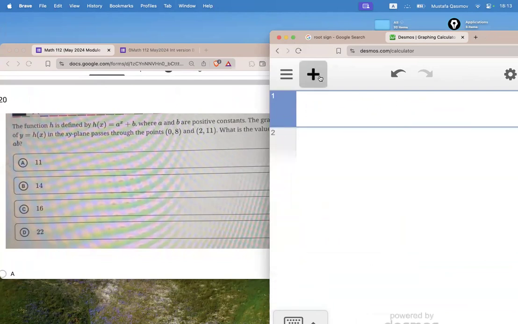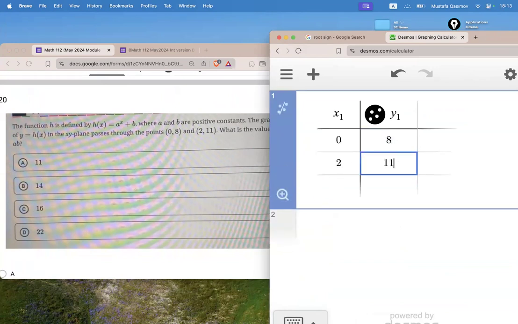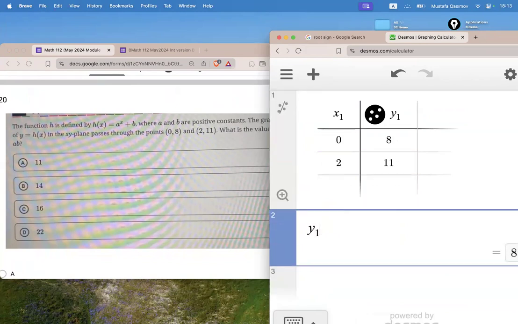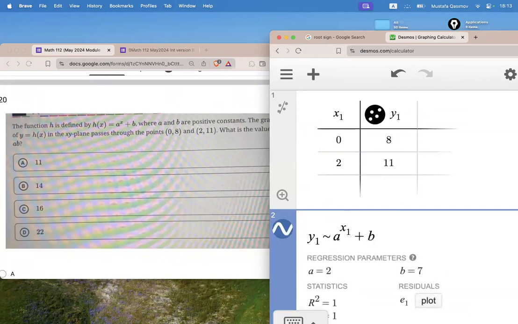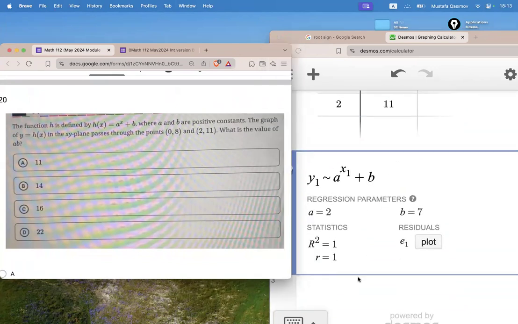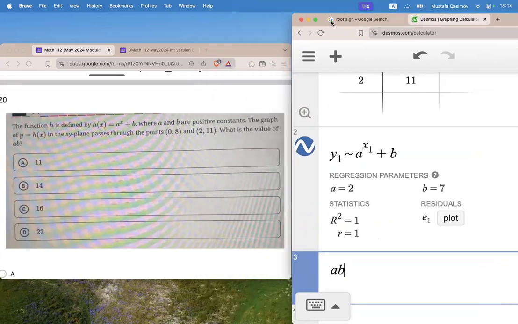So let's create a table here. Let's enter 0, 8. Let's enter 2 and 11. Then let's write y1, a with power of x1 plus b. So a is equal to 2, b is equal to 7, and ab is equal to 14.